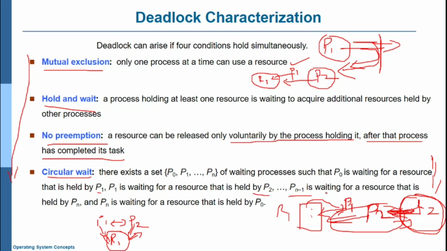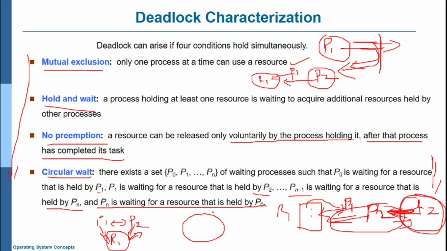Pn minus 1 is waiting for a resource that is held by Pn, and Pn is waiting for a resource that is held by P0. So circular waiting: if you have studied data structures in the third semester, how the queue works, ordinary queue and circular queue, it is something related to that.